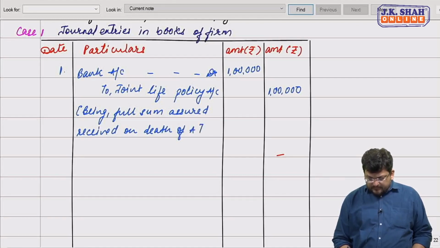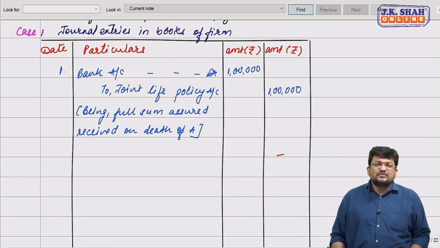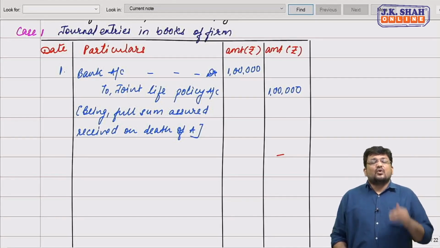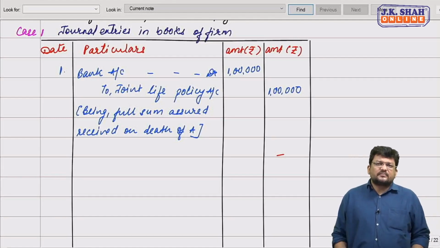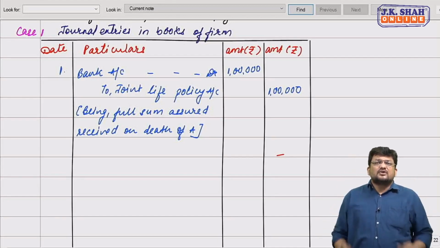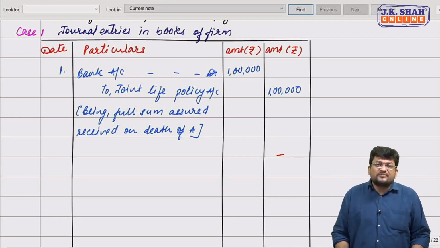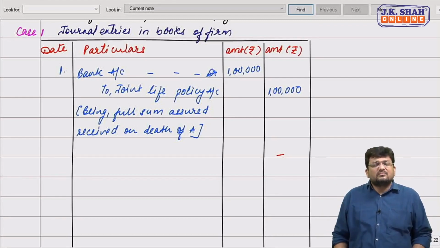Can I now say this joint life policy, since it was having no value in our books, whatever is received from the insurance company is entirely our profit. An asset having book value of 0 is now realizing 1 lakh. So the entire amount of 1 lakh is your profit. And since it is profit, profit at the time of reconstruction is to be distributed among partners.